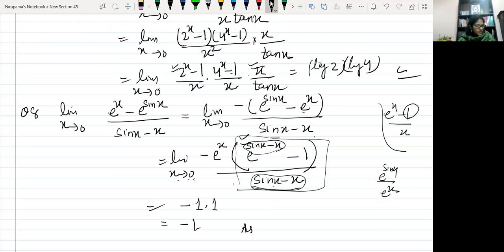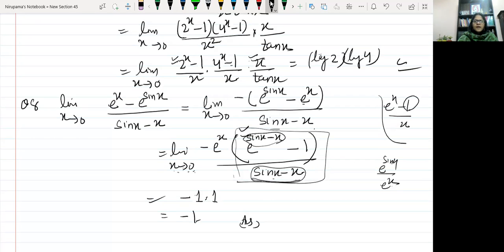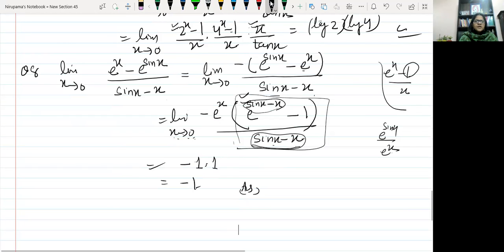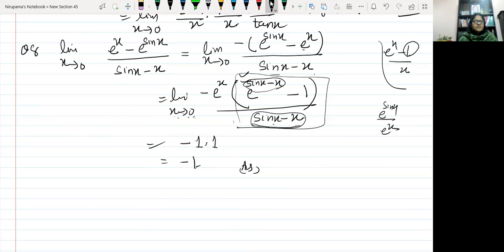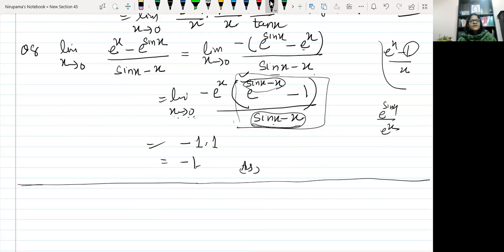Okay, so these are some of the questions which I thought we should solve. And I'm sure that evaluating functions involving exponential and logarithmic functions is not a difficult task now.